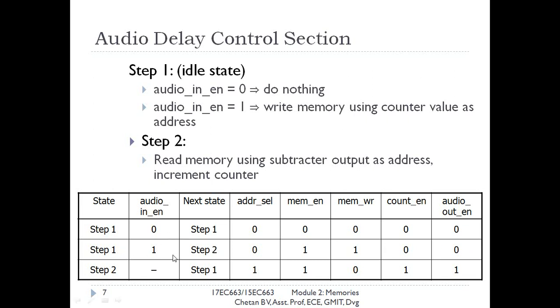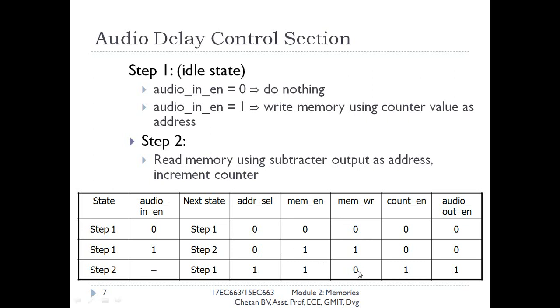After completion of step 1, the FSM will move to step 2. In step 2, the FSM will perform a read operation. To perform the read operation, the select line should be made 1, so that the multiplexer selects the subtractor's output as address. MEM underscore enable should be made 1, because we are performing a read operation.